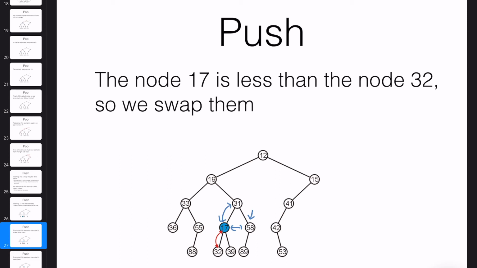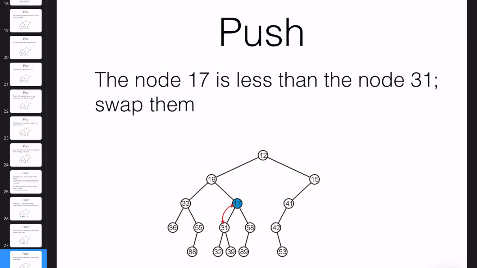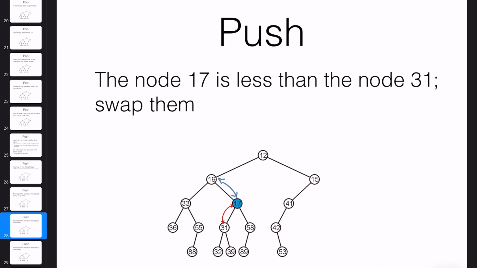So you just compare it with the parent. After you swap them, then again you compare it with its parent. Is it smaller? Yes. So you continue and swap them. And then you compare it with its parent again. Is it smaller? No. So you stop.